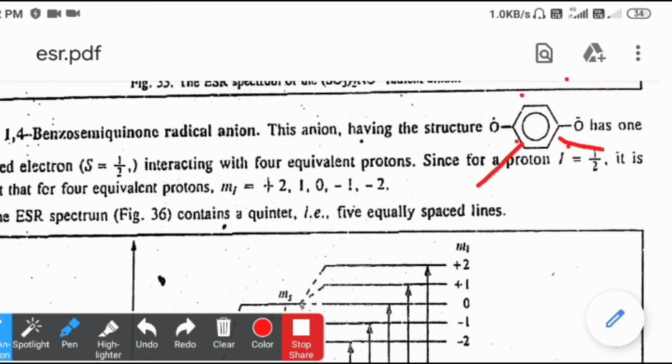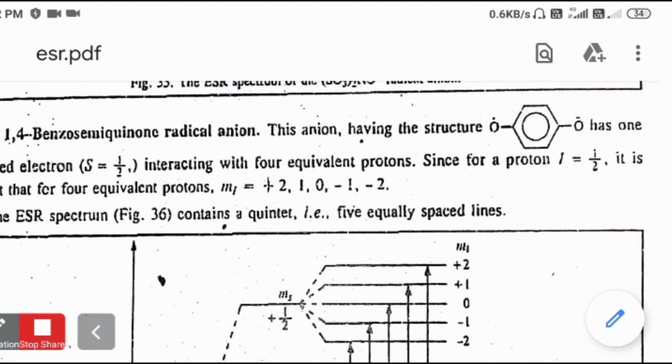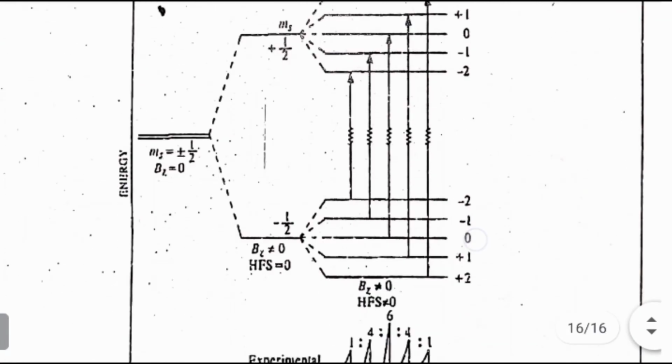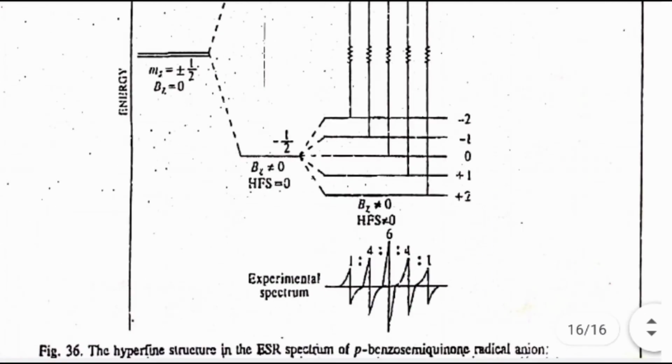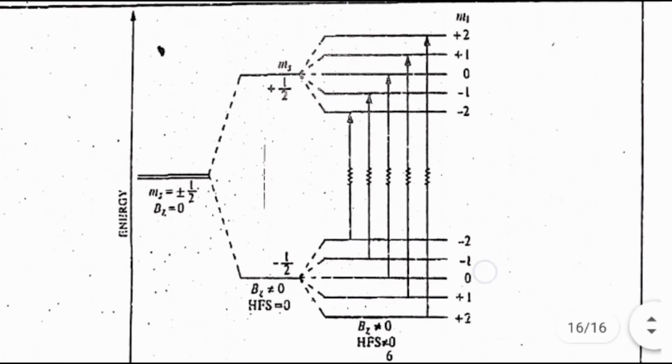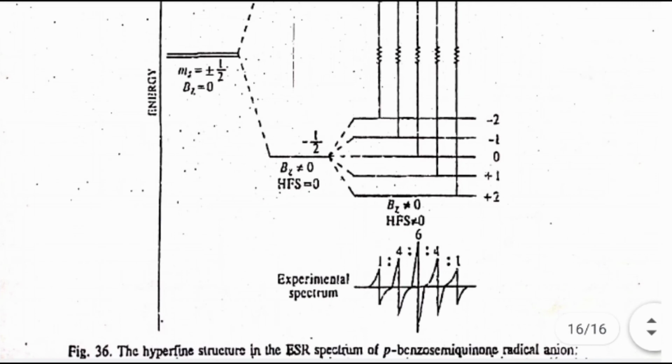There are four protons at these four places, and all four protons are equivalent. All four protons interact with that unpaired electron, and overall we get five lines in the ratio of 1:4:6:4:1, and this ratio is in accordance with the Pascalian triangle.